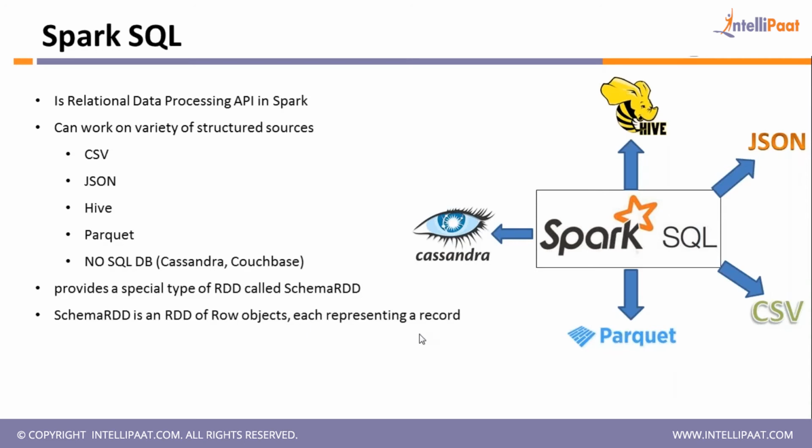Spark SQL basically lets you query the data using SQL. You can also use external tools that connect to Spark SQL through the standard JDBC and ODBC database connectors, or integrate BI tools like Tableau with Spark. All right, so that's about Spark SQL.